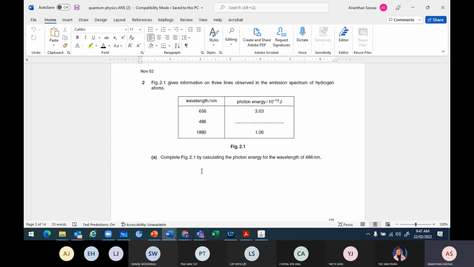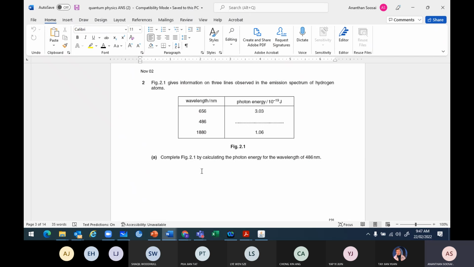Three lines are observed in the emission spectrum. Emission spectrum means the electron goes down or up? Emission, emitting a photon, so the electron goes down. So three different wavelengths are emitted: 656, 486. They are asking what is the energy content for the 486 wavelength.